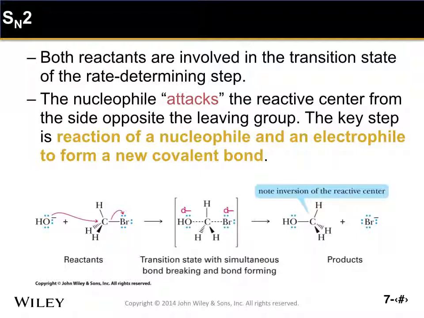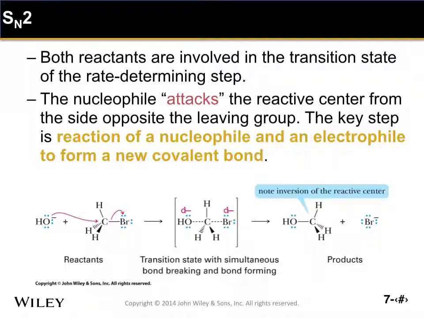Gosh, if this was in the 60s, maybe we'd be saying they're going to have a conjugal interaction. But in any case, there is a bonding interaction between the hydroxide and the carbon, and we're kicking out the bromide. Maybe another way to think about that is the hydroxide is marrying the carbon, and the bromine is divorcing the carbon, and going off with all the wealth of electrons.